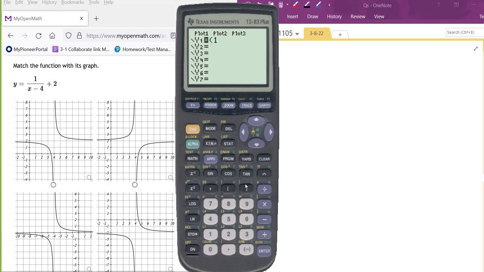So I have 1, and then divided by x minus 4, close parentheses, and then your plus 2. And we'll say graph.